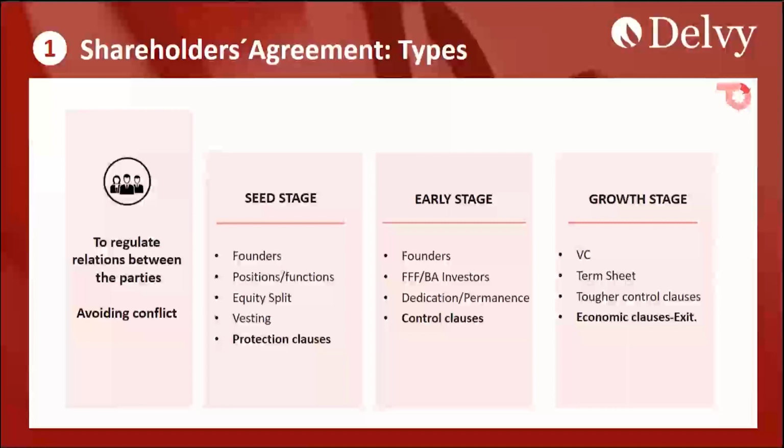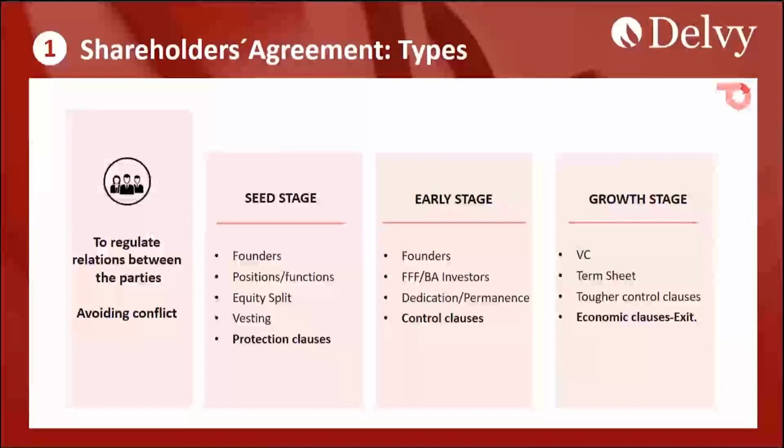So after the first round of discussions, talking with the founders and seeing that the project might be of interest for them, we're going to receive a term sheet, and the term sheet will contain in a very broad general way what are the terms and conditions in which they will want to invest in the company.